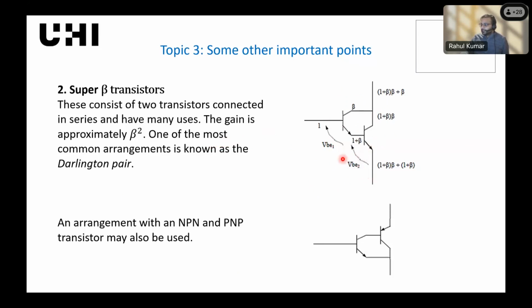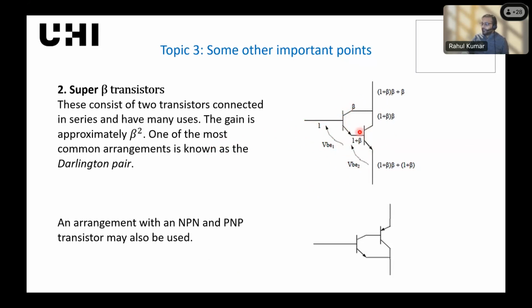So in this, let's take an example here. Let's say you are supplying 1 ampere to the base, right? And the first transistor has a current gain of beta.